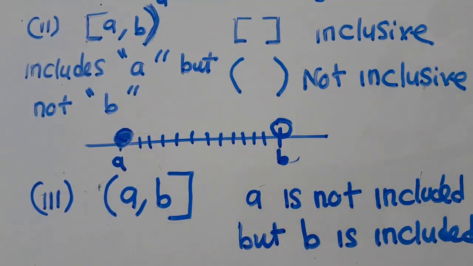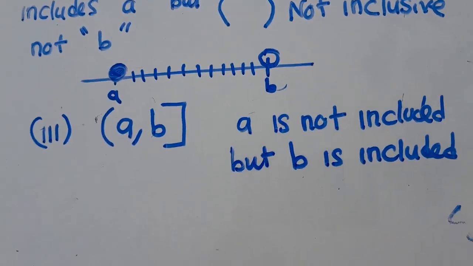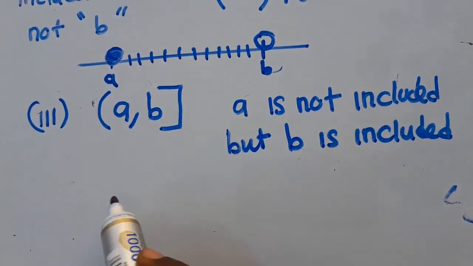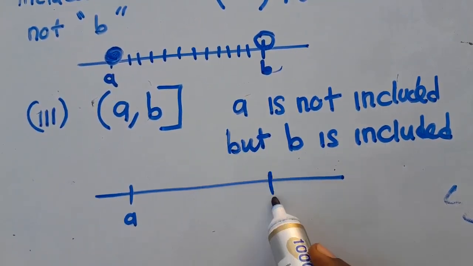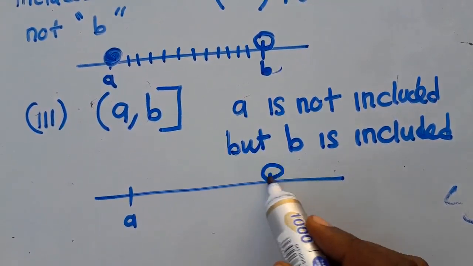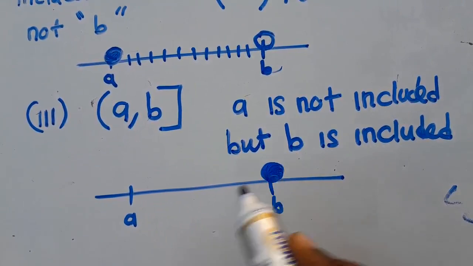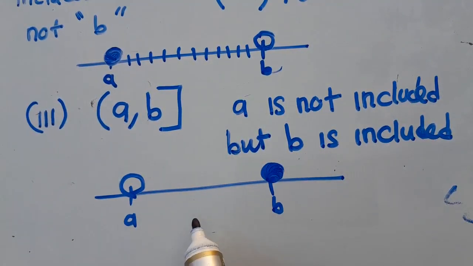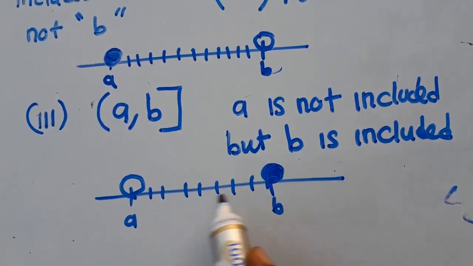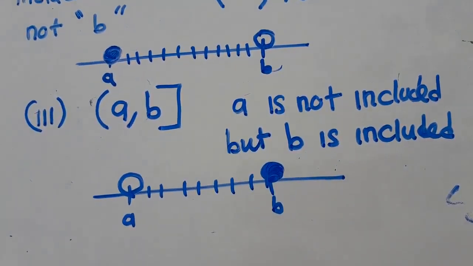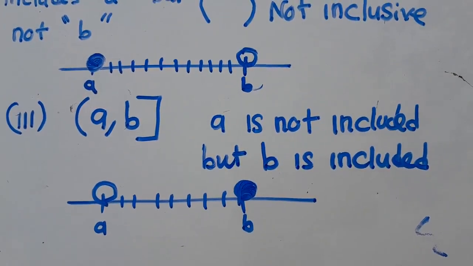So this can be illustrated in this format, where you've got a number line like this. Here you've got your A, here you've got your B. B is included, so you shade this, but A is not included like that. And the part we are interested in is this part. This is the only part that we are interested in.